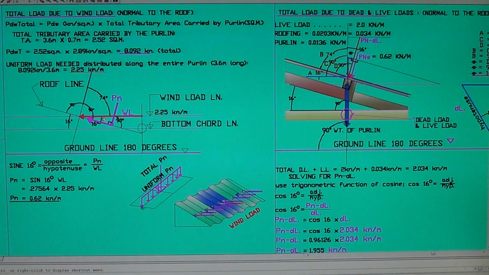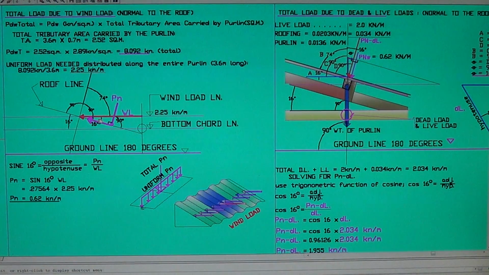Alright, PN. For PN we're gonna use 16 degrees. If this is the angle here, the PN side is the opposite side of 16 degrees. In this angle here, that's the opposite side, across from the 90 degrees right here. And the wind load, we know the value of that wind load. The wind load is the hypotenuse of 16 degrees.